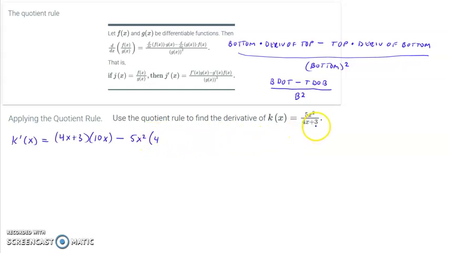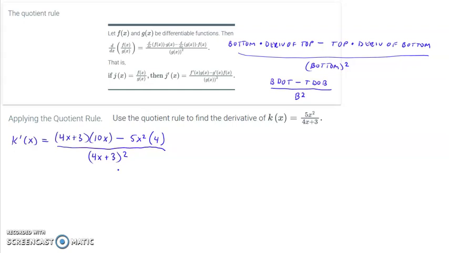And the derivative of 3 is a constant, so that derivative is going to be 0. So that's just 5x squared times 4 for the second part of that numerator. And then over the bottom function squared, so this will be 4x plus 3, that whole thing squared.